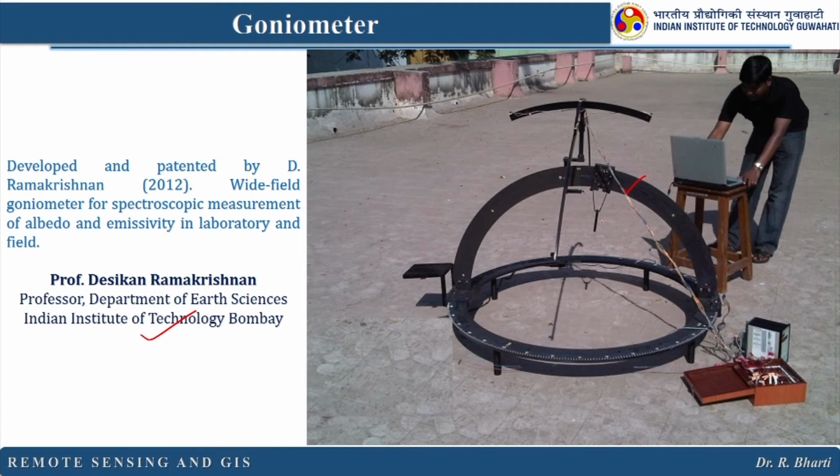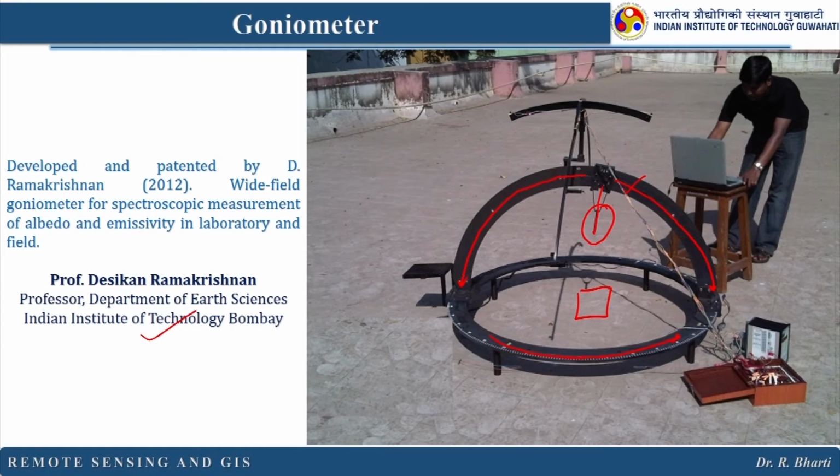You can see this attachment here, which you can use to focus your fiber optic cable on your sample. The sample was somewhere here, in the center, and you have flexibility to change or rotate the position of this sensor in this direction as well as in this direction. So you have full control over azimuth and zenith. For more detail about this work, you can refer to this paper.